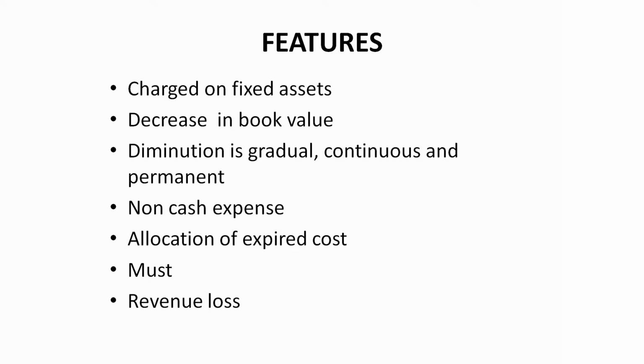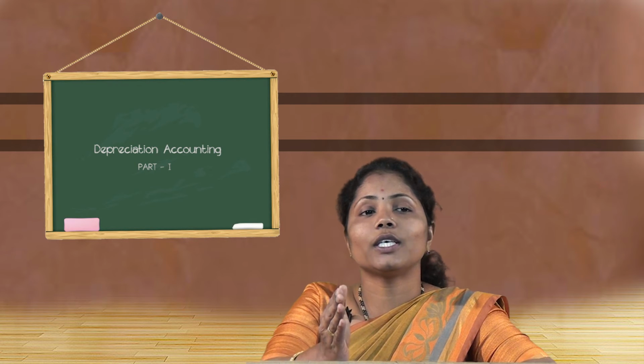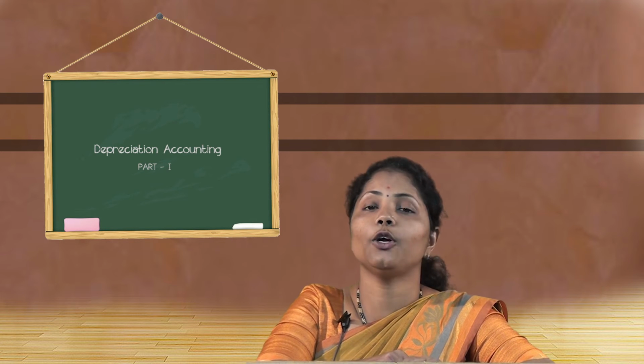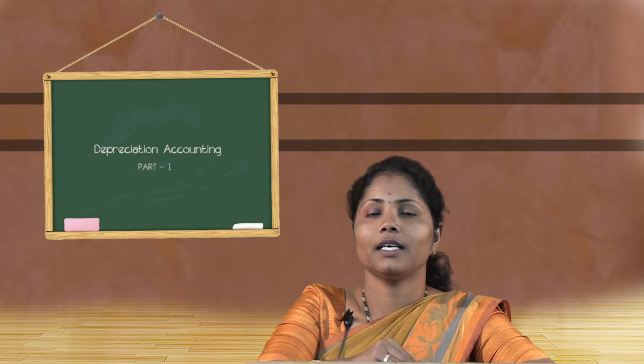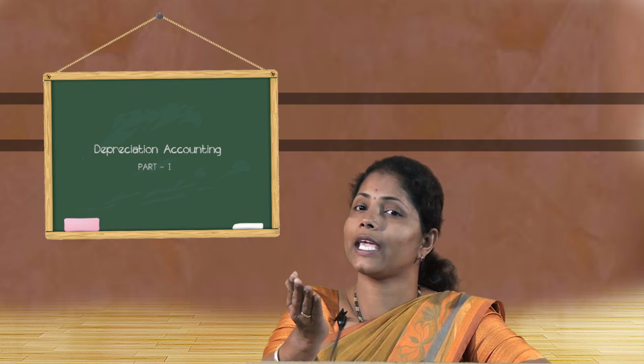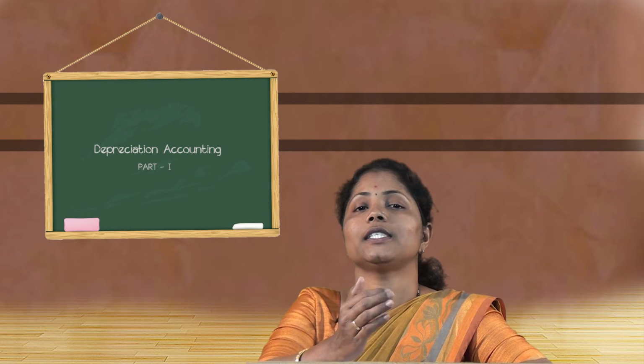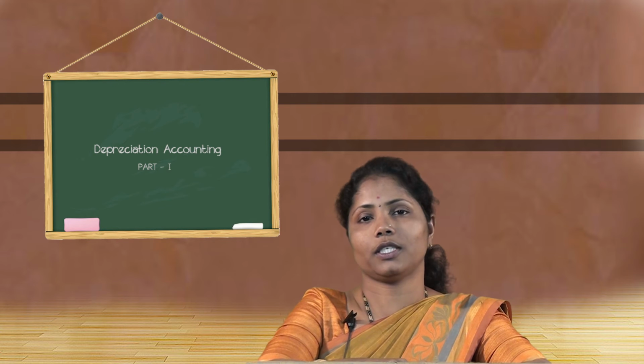And last feature is it is a revenue loss. In the sense, it is not a capital loss. Even though there is a deterioration in the value of fixed assets, the cost of fixed asset is capital expenditure, but the amount of depreciation charged is a revenue loss.